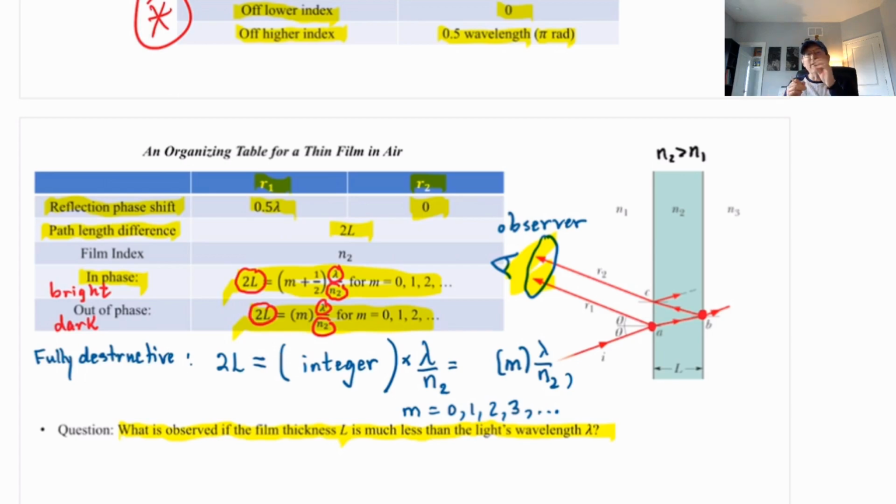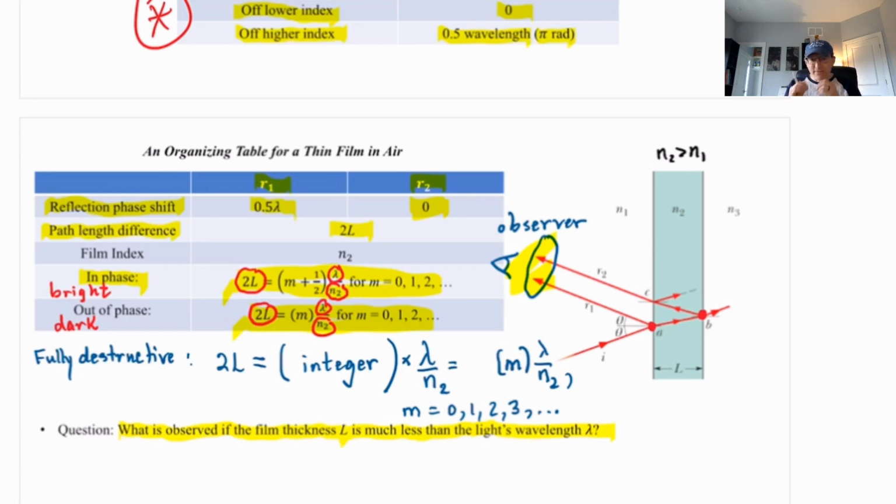A thin layer of something on top of something else, or surrounded by other things. But it could be very thin, like a nanometer, which is small compared to the wavelength of visible light. That wavelength ranges between about 400 and 700 nanometers.